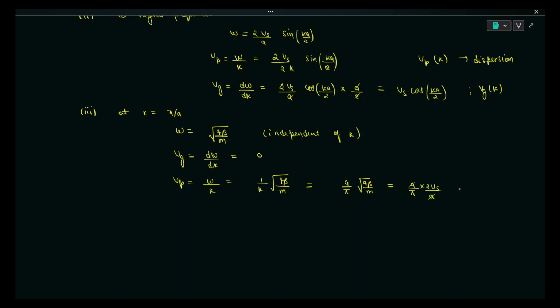So a to a cancels, so this will become 2 Vs by pi. So this is the phase velocity at the zone boundary. Now since the group velocity is 0, this means there is no transfer of energy. There is no transfer of energy, so this represents a standing wave.